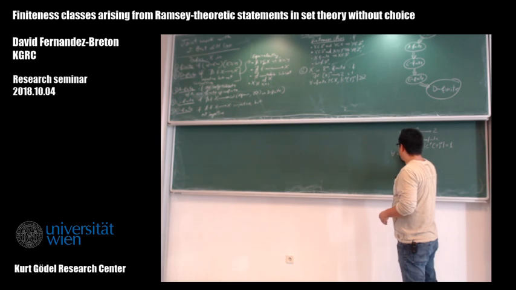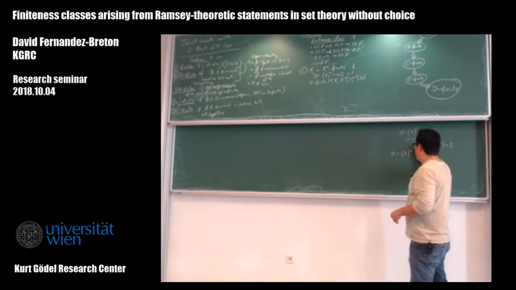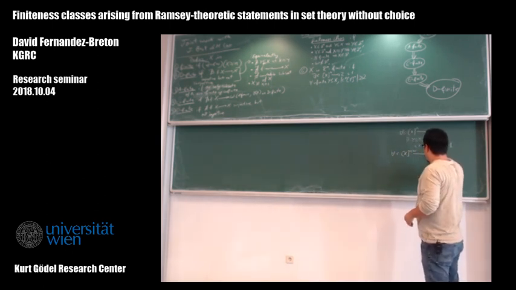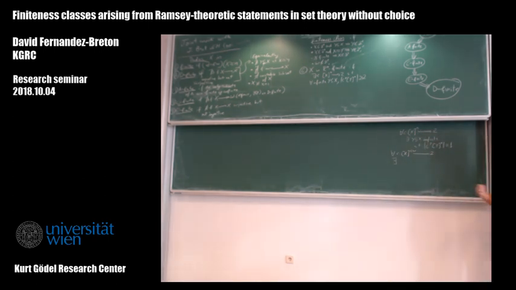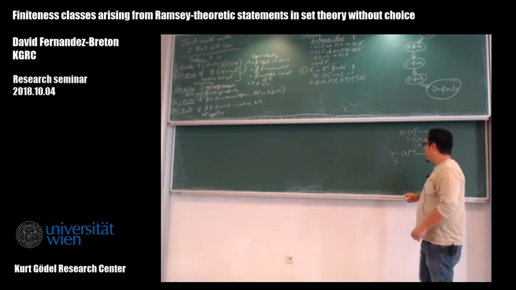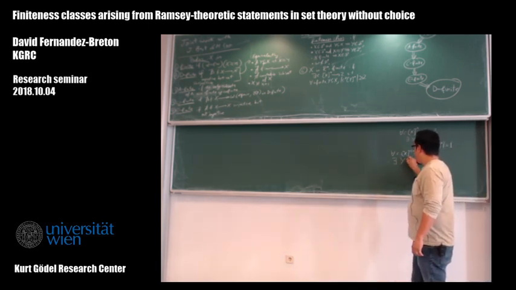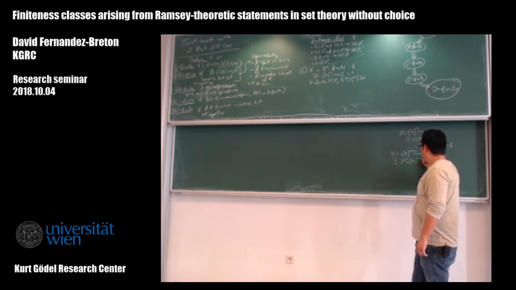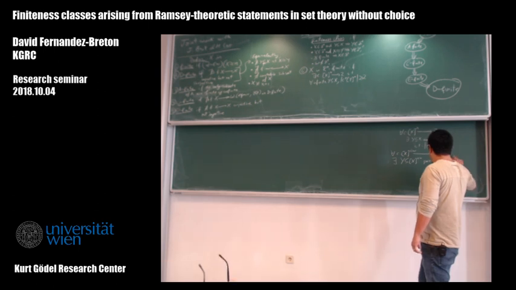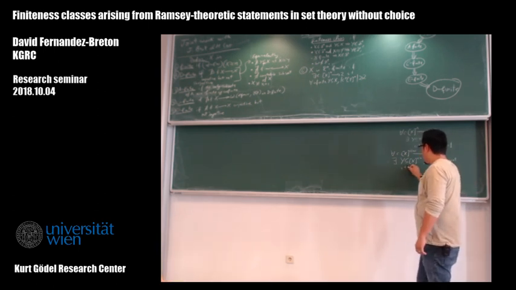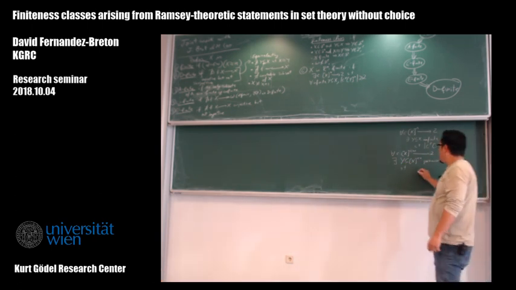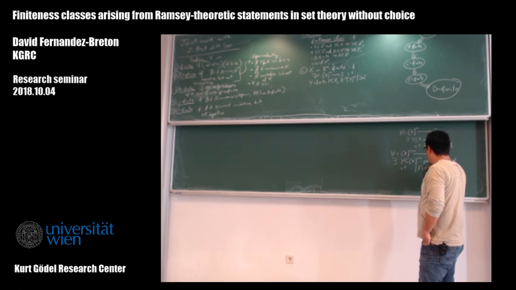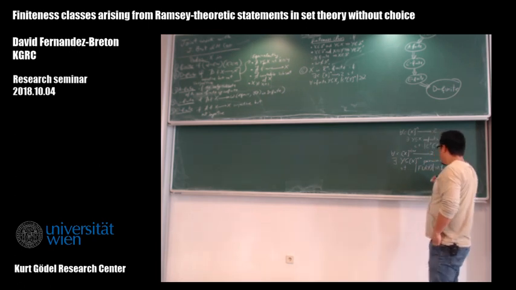This says that for every coloring of all the finite subsets of an infinite set, there are many versions of it, and I explored various of them, but the one that I'm going to use for this talk is: there exists a Y, pairwise disjoint, such that all finite unions that you can get from these guys have the same color. So such that the set of finite unions of Y is monochromatic.